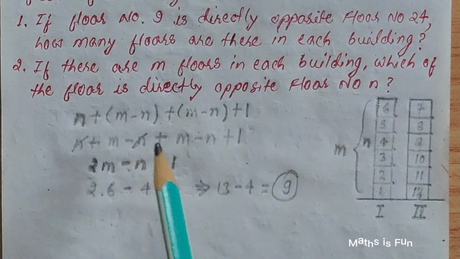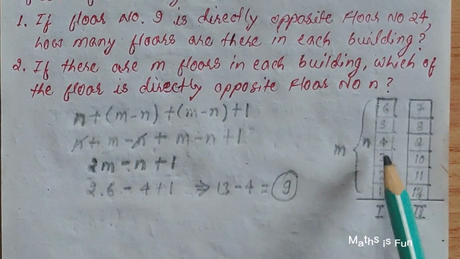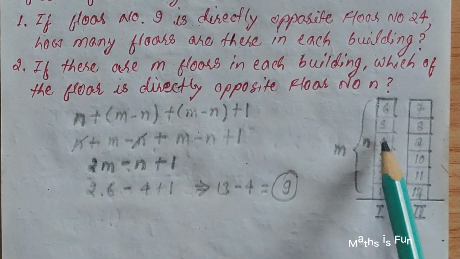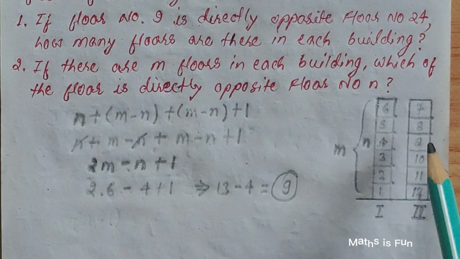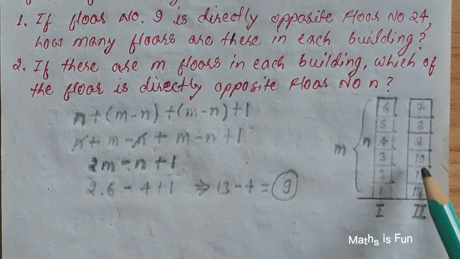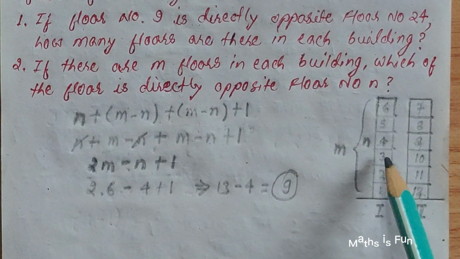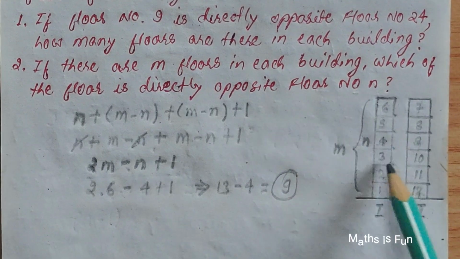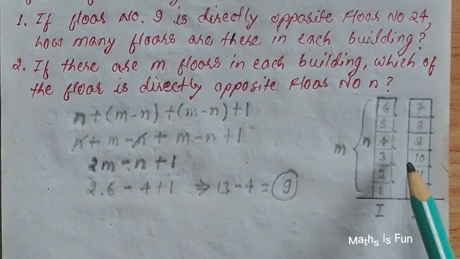It is asking which floor is directly opposite to floor number n. That means which floor is directly opposite to floor number 4. So for this, we can take the total number of floors in both buildings, that is 12, and then deduct the number of floors below our given floor, that is 3. So 12 minus 3 will give us 9, and in this way we can get our answer.